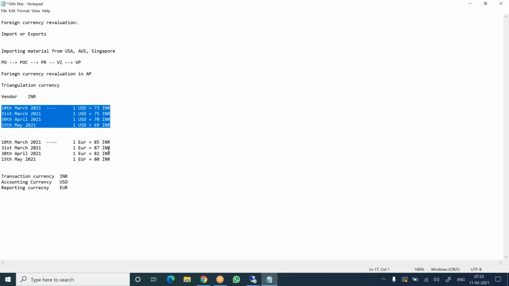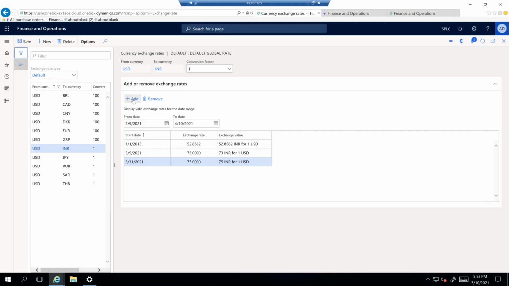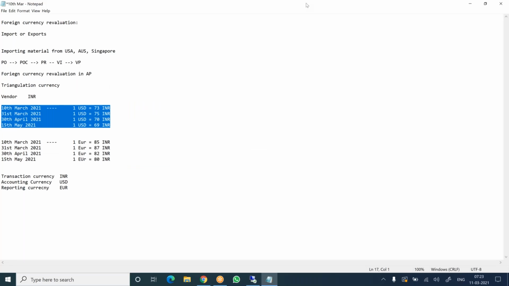Exchange rate is 75. Then 30th April 2021. It is 75, sorry, 80 or 70.